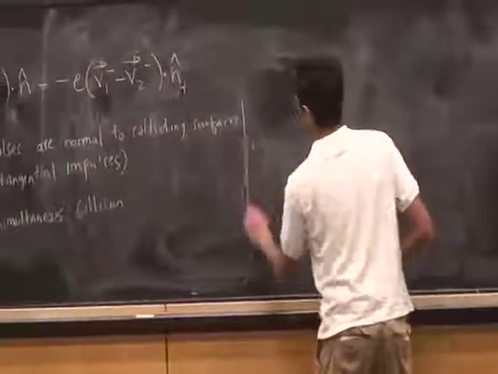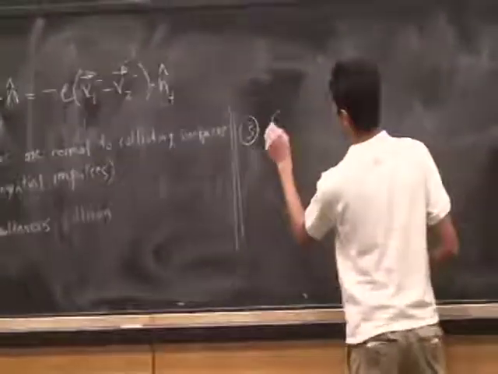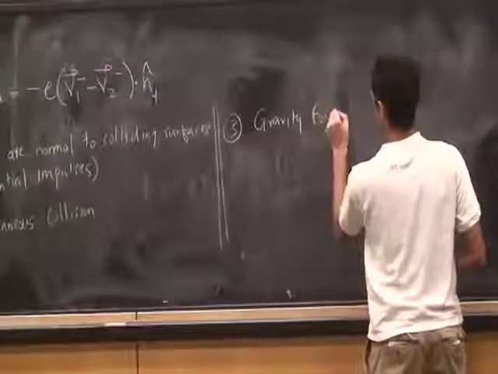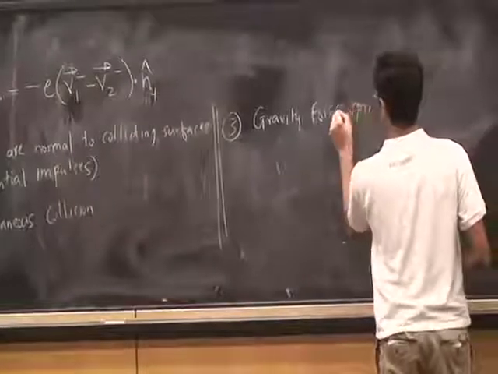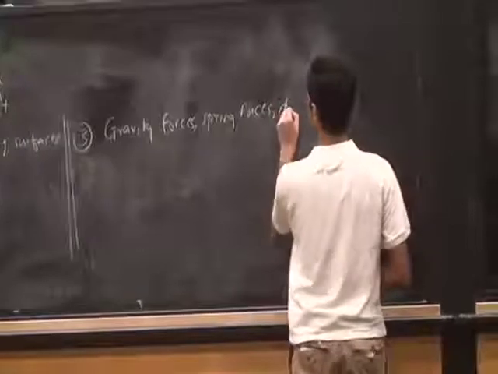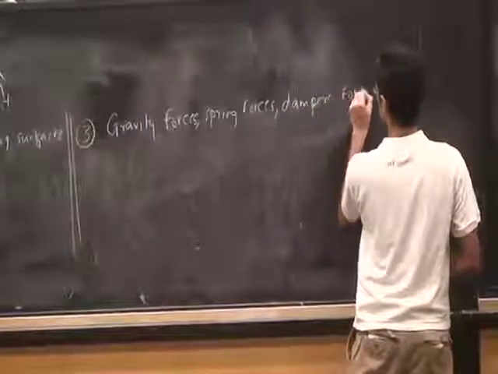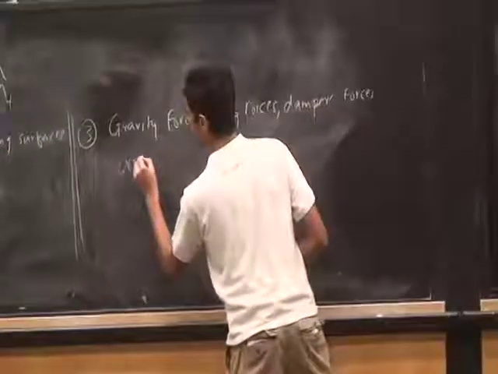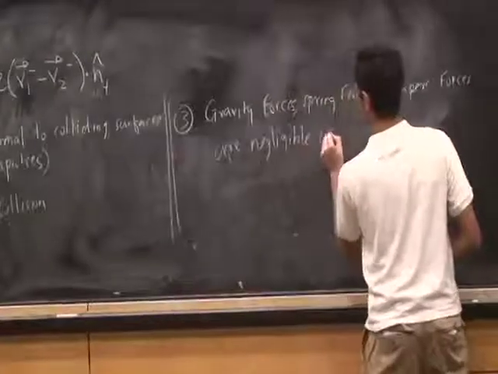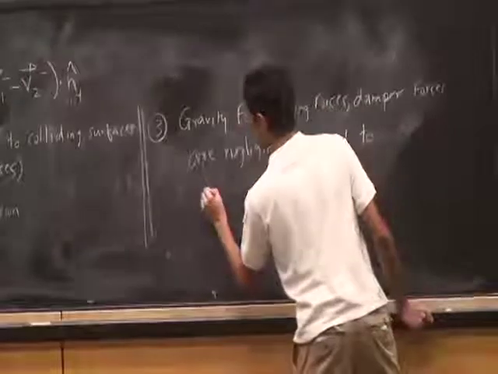And finally, something which comes up from these equations is that gravity forces, spring forces, and damper forces are negligible compared to impulsive forces.